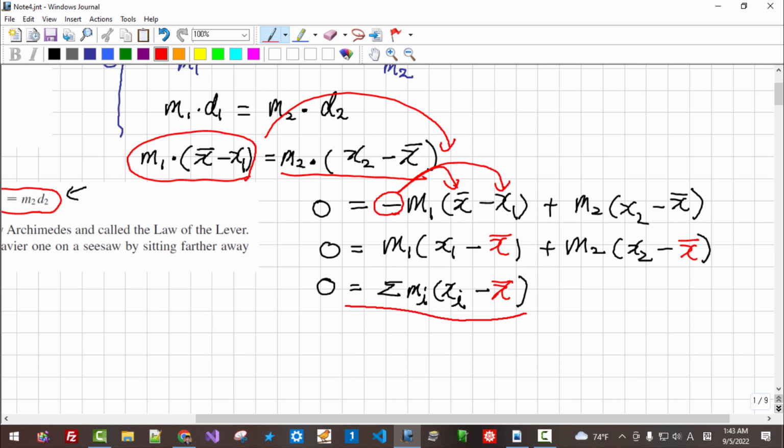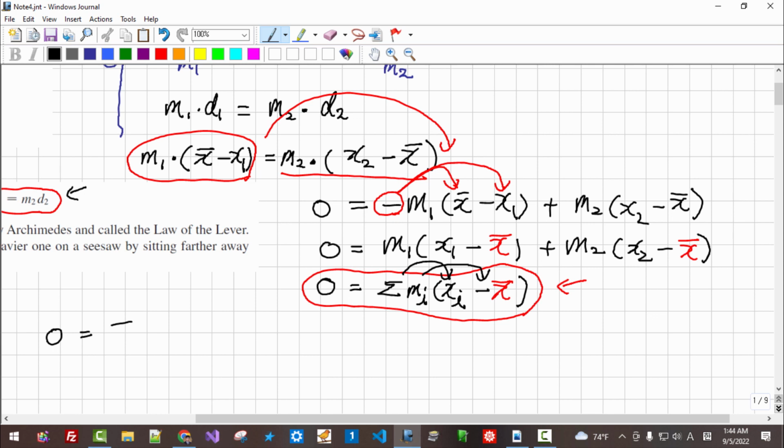We have this result. You can try with 3 or 4 or more points. You will get this result. Now we distribute, 0 equals like this.